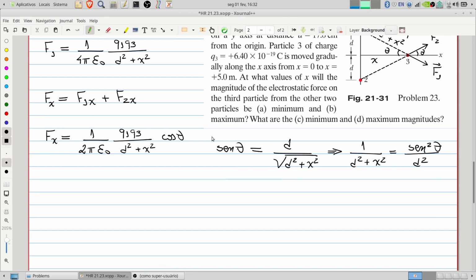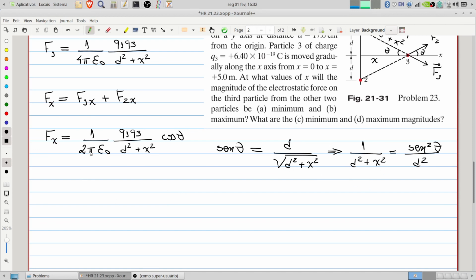I take the square of both sides of the equation, and I divide both sides by d. So you arrive at this equation.